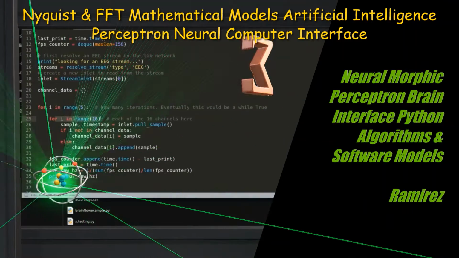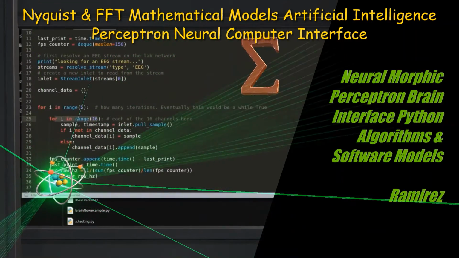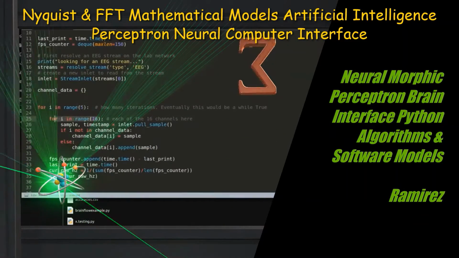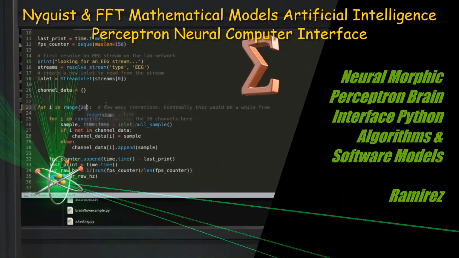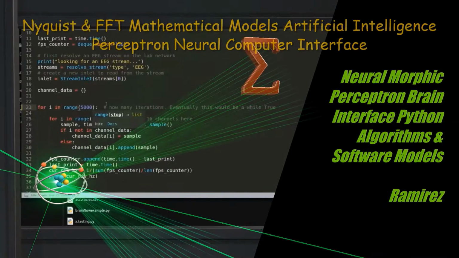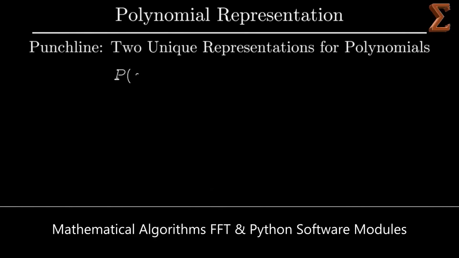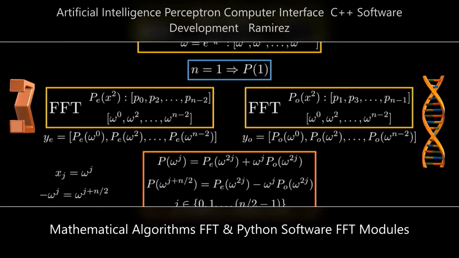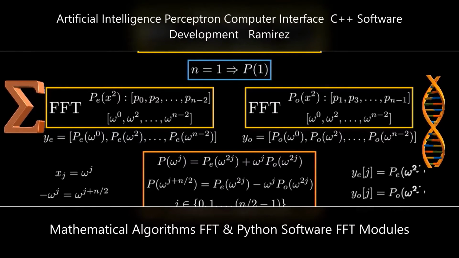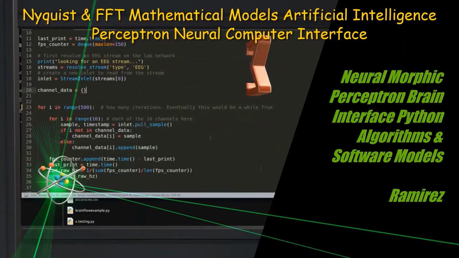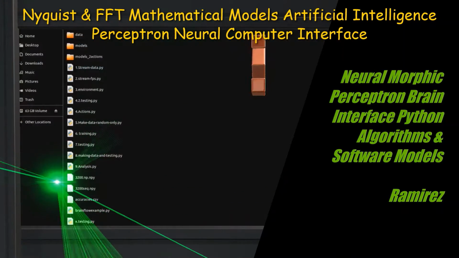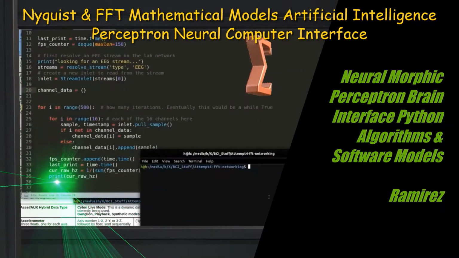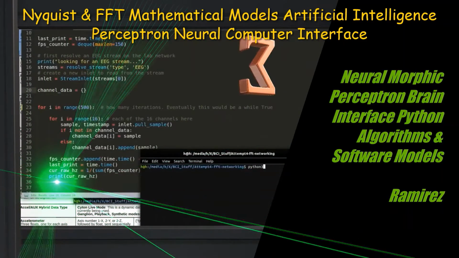In this application, I use fast Fourier transforms, that is FFTs, for brain-computer interface techniques. So, the fast Fourier transform is an algorithm that computes the discrete Fourier transformation of a sequence, or its reverse, the IDFT.